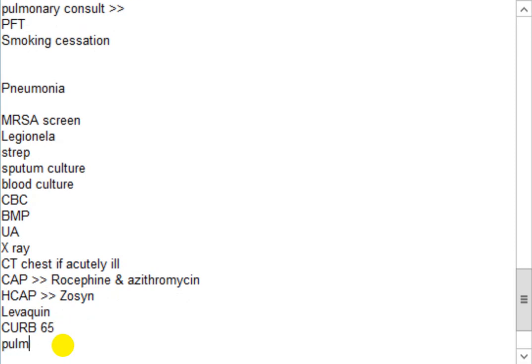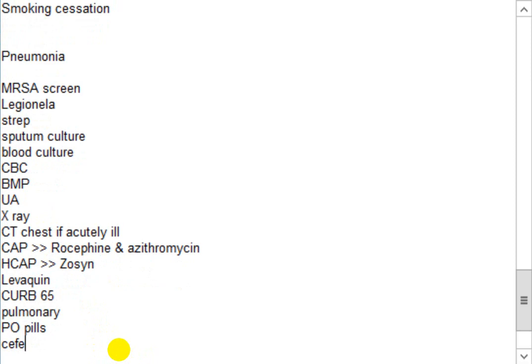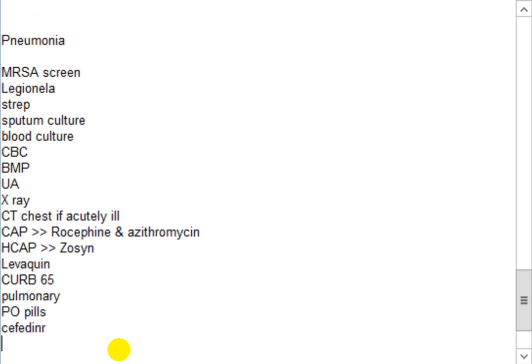So your job is to assess how bad their medical situation is and decide if you need to involve the consultant or you can manage on your own. And before discharge, usually make sure they tolerate a PO diet and PO pills as well. Usually we send them home on Cefdinir, or if they have a positive blood culture, you do Levaquin for 2 weeks or 10 days.